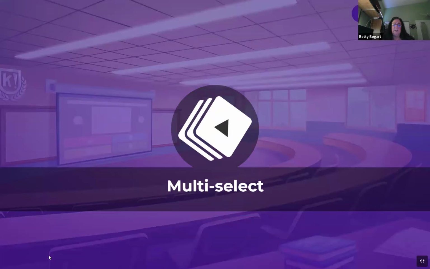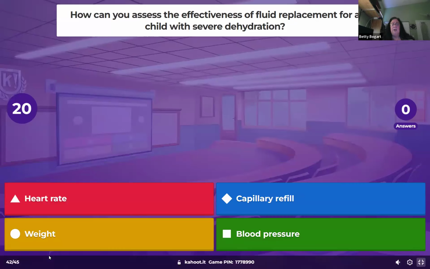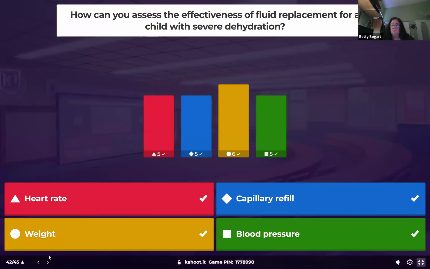A multi. How can you assess the effectiveness of fluid replacement for a child with severe dehydration? A little bit of everything, isn't it?